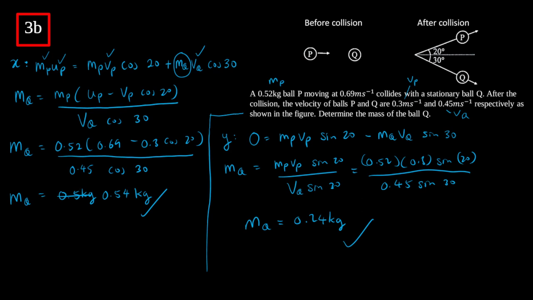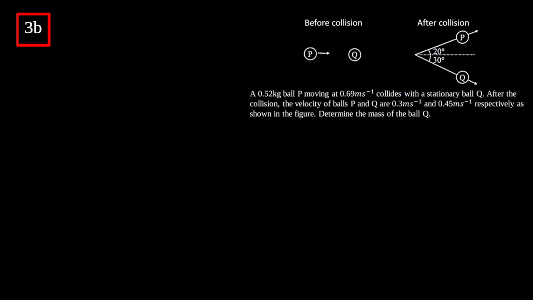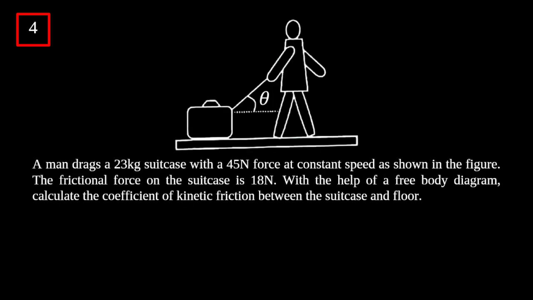Okay, so moving on to the next question. A man drags a 23 kilogram suitcase with a 45 Newton force at constant speed, as shown in the figure. The word constant speed is very important, because it tells us that our net force in the x direction is going to be 0.